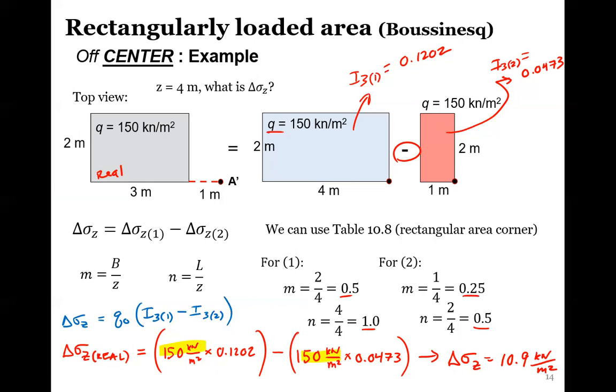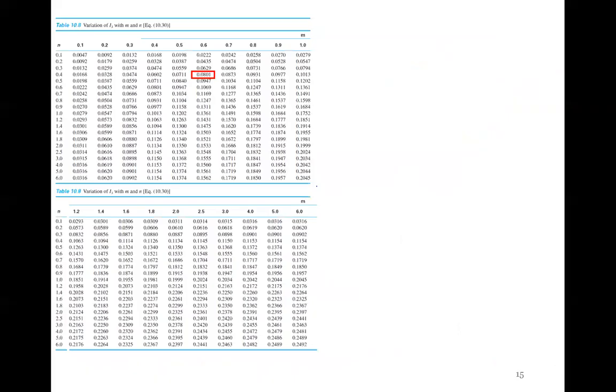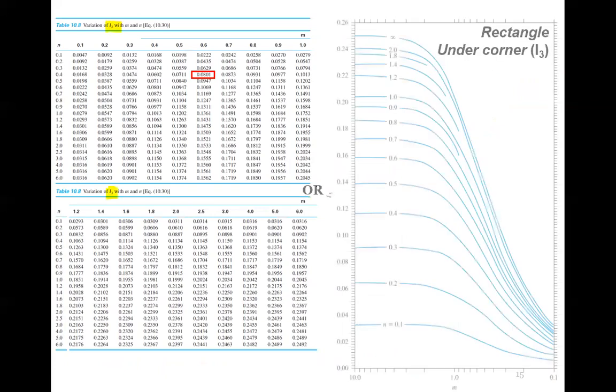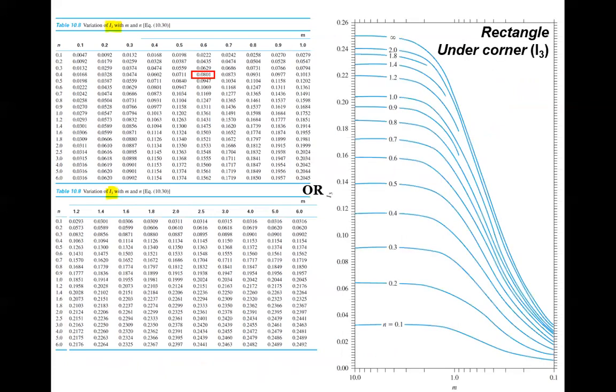So there are different ways of viewing this. You'll see in the textbook there's the table format, and this is the variation of I3s here. But depending on what book you're looking at, you might also see something like this, which is reading the same thing.